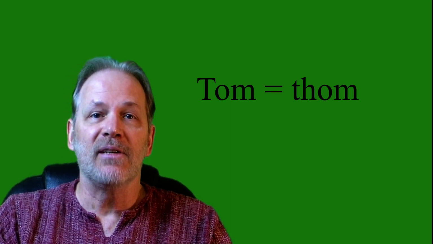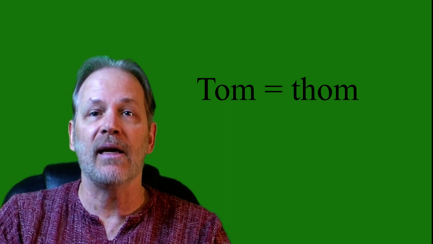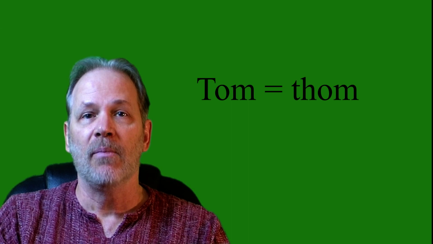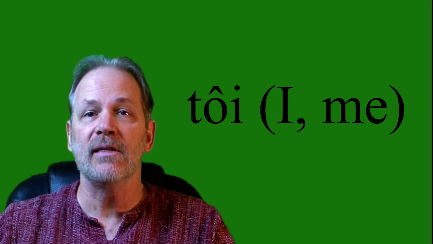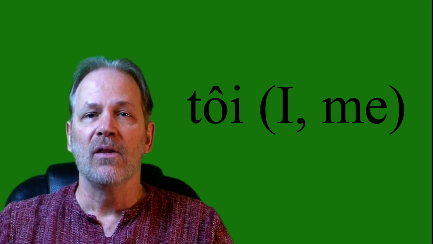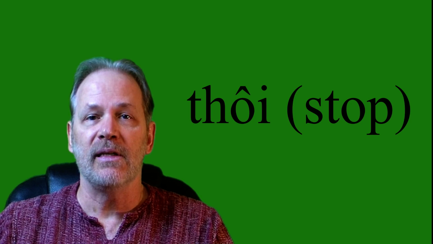I had a Vietnamese teacher who showed my class the difference between the T without the H and the T with the H by holding a piece of paper up to his mouth while pronouncing the two different T's. I'll demonstrate that now. The word I is toi, T-O-I. The word enough or stop is thoi, T-H-O-I.